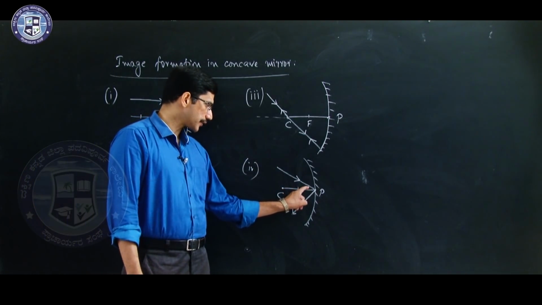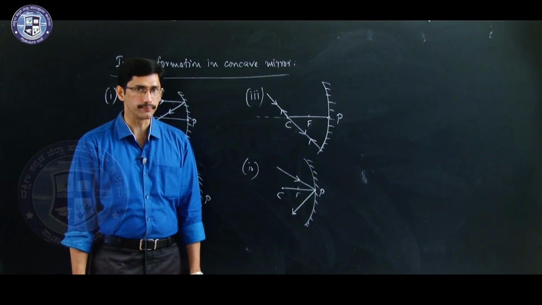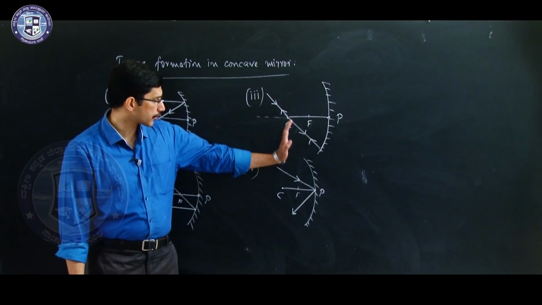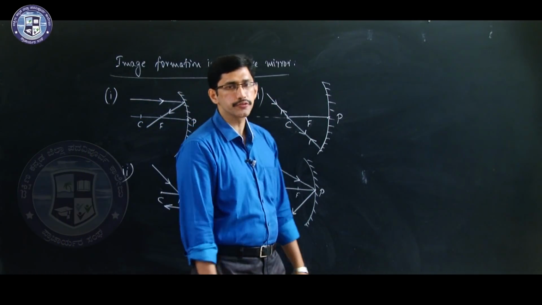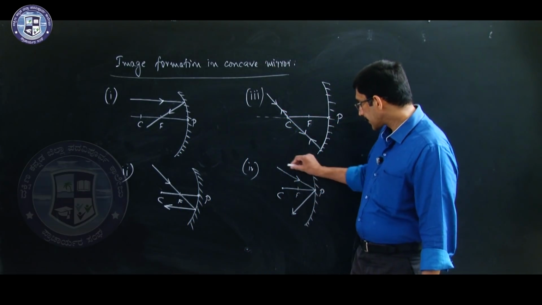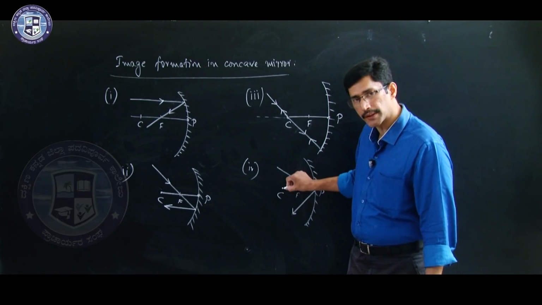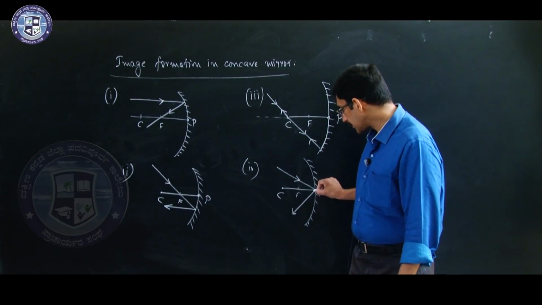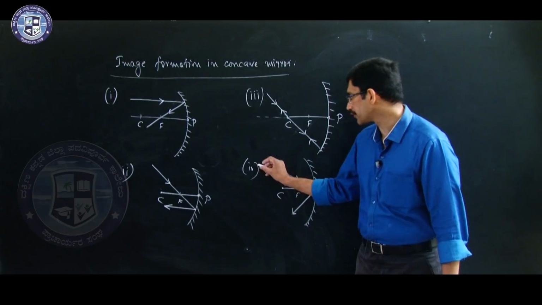That means angle of incidence will be equal to the angle of reflection. And whenever you draw the normal in such cases, the normal drawn at the point of incidence would pass through the center of curvature. So, whatever angle it makes here with respect to the normal drawn at the point of incidence, the reflected light would also make the same angle. Hence, it obeys the laws of reflection.